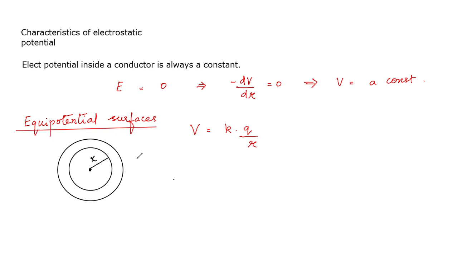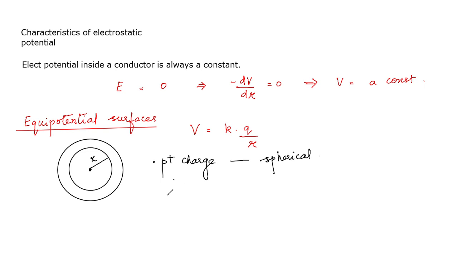Equipotential surfaces. What are equipotential surfaces? Surfaces on which the potential is going to remain a constant. For a point charge, this equipotential surface is spherical in nature.